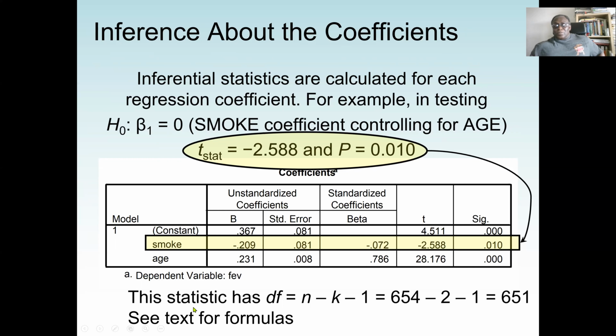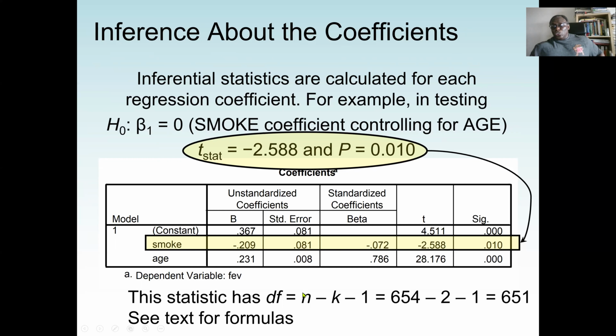In simple linear regression, the degrees of freedom will be n minus 2, or n minus 1 minus 1. In multiple regression, k can be any amount. Right now we have 2, because k represents the number of independent variables.